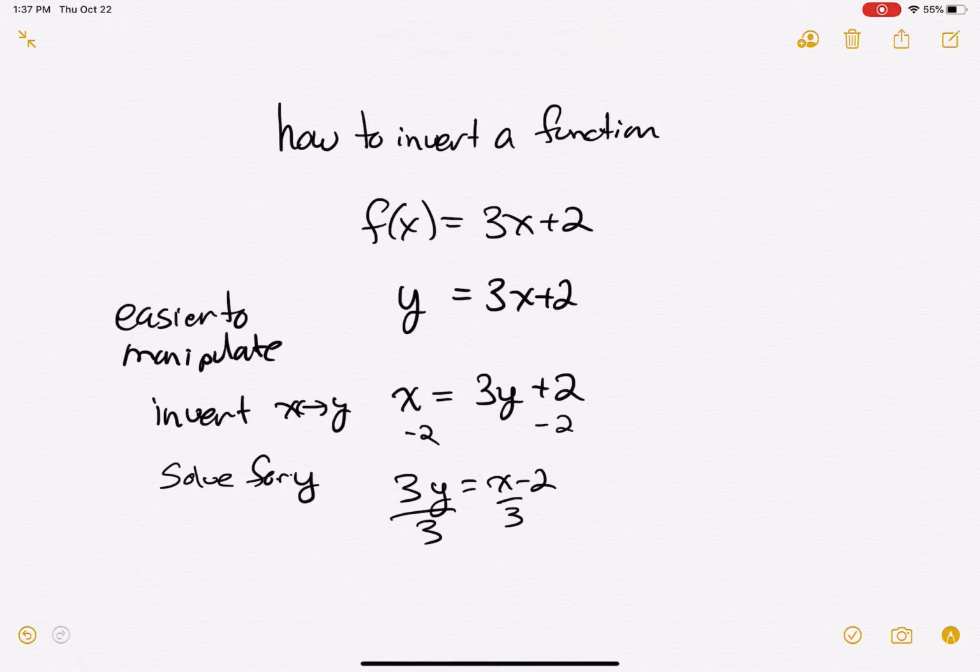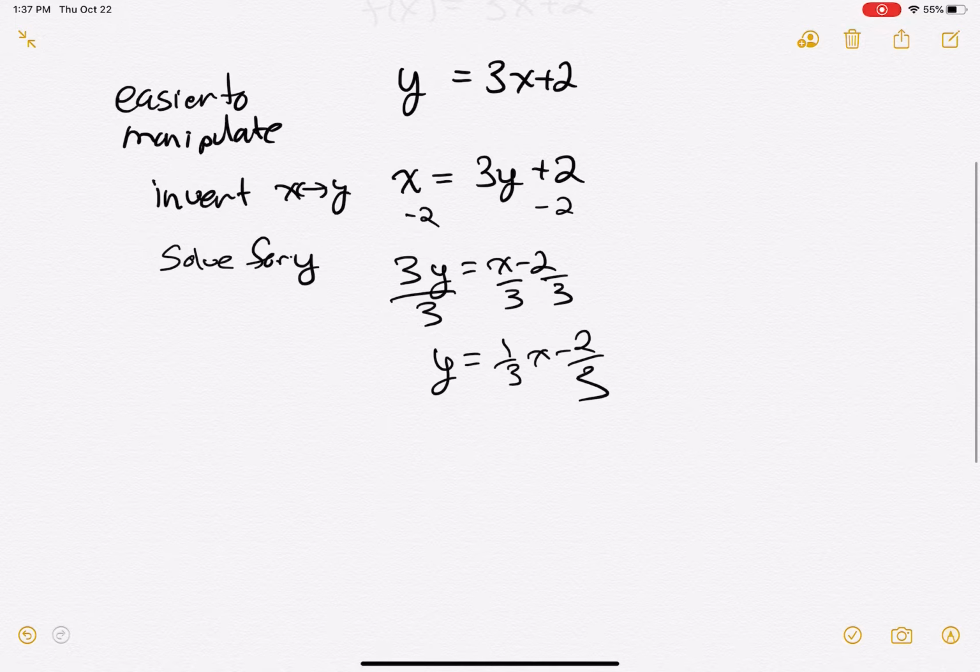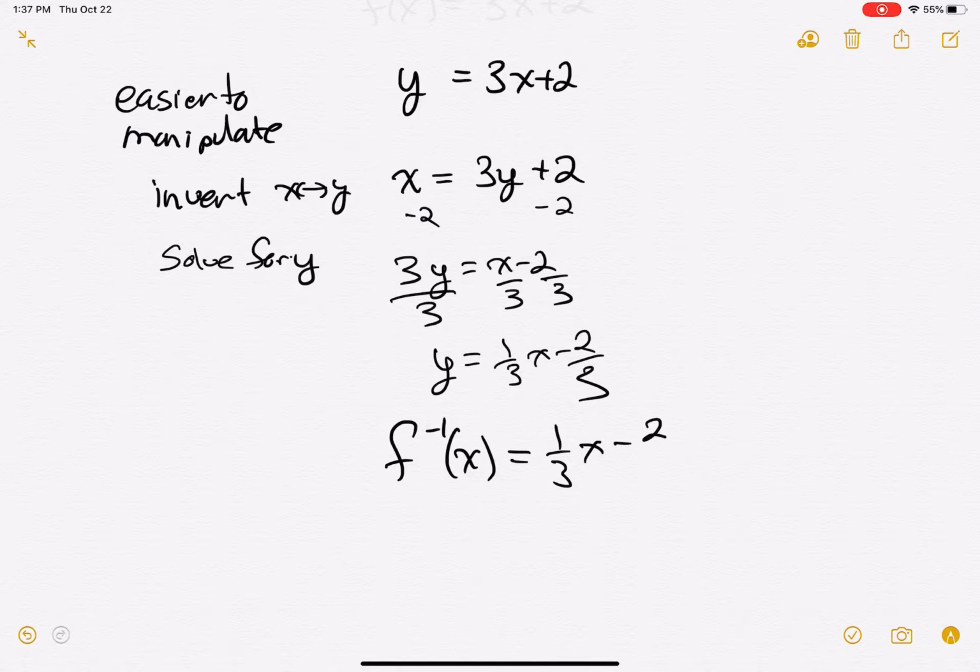Divide by 3. And then I'm going to use my inverse function notation instead of the y. And that is f to the minus 1 of x is equal to 1/3 x minus 2/3.